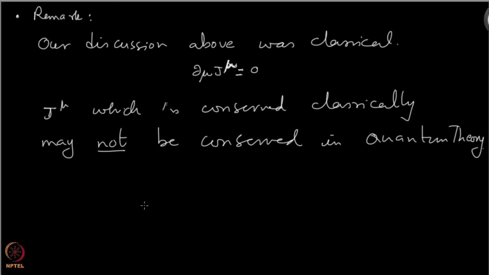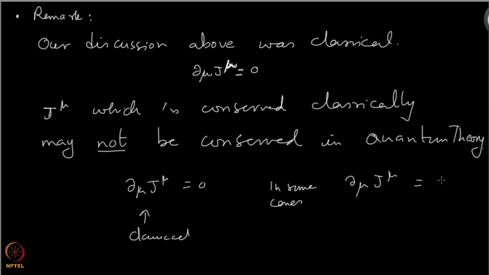Meaning classically del mu J mu is equal to 0. So you have found the conserved current, and in some cases, it's not that it is going to break in all the cases, but in some cases the same J mu will not be conserved.